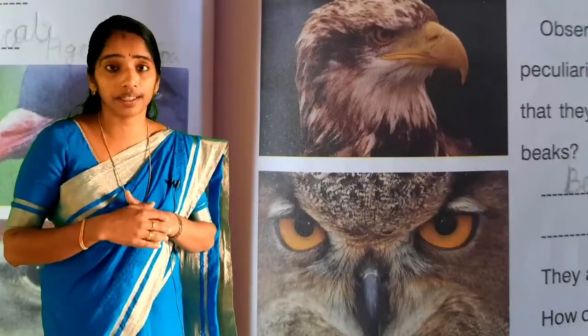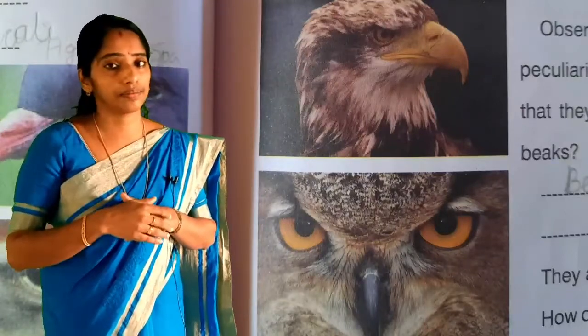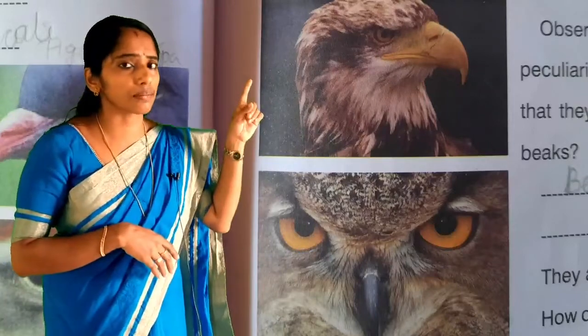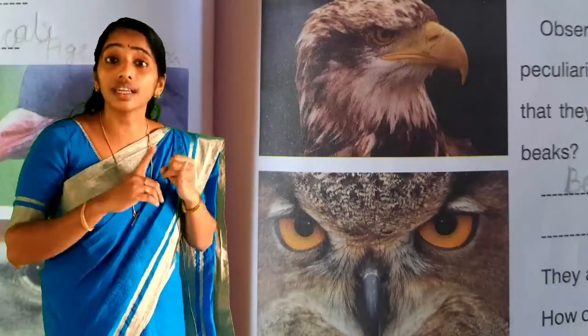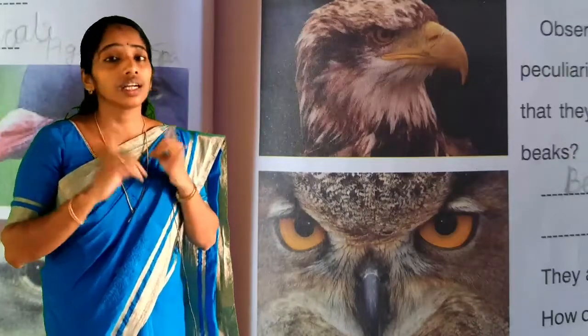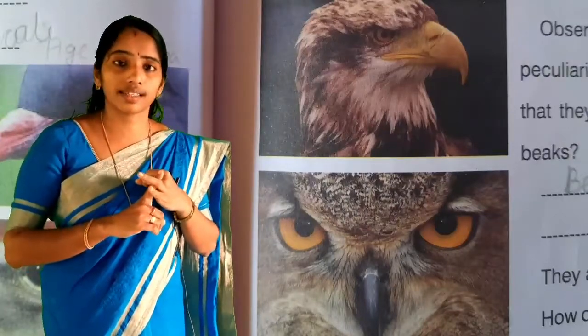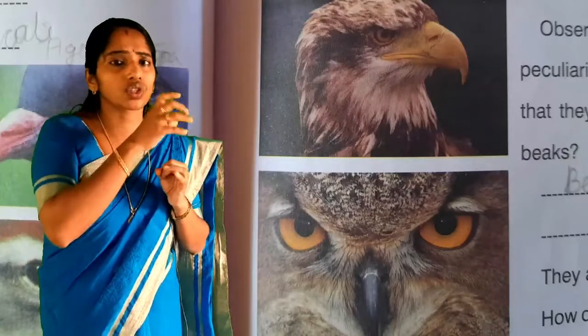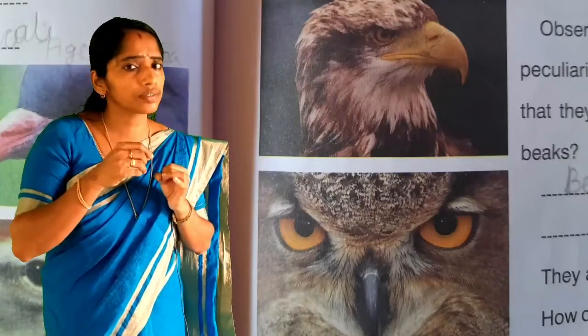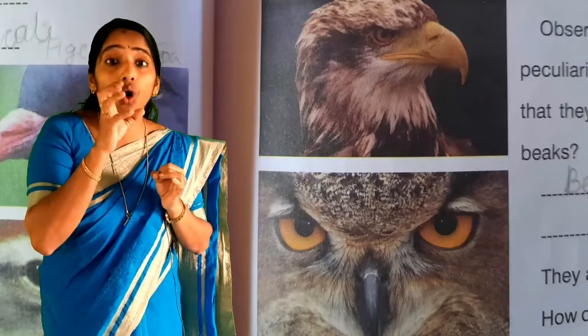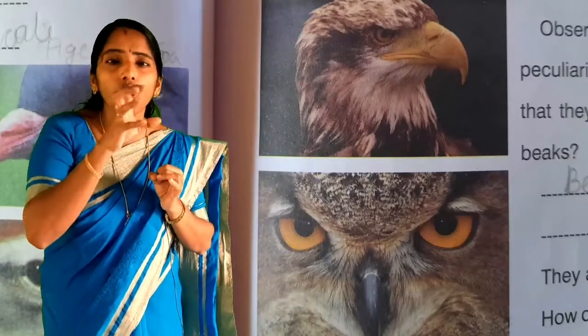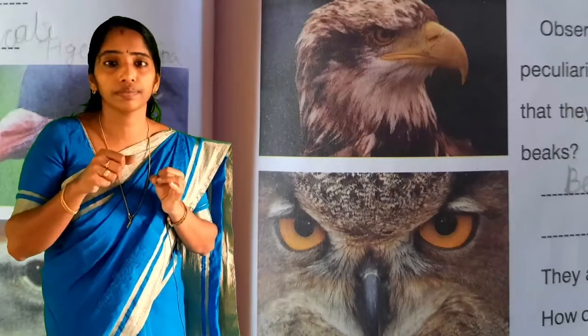Tearing beak. See, here you can see some birds. Which are they? Yes children, that is eagle, vulture, and all like that. Look at the beak of these birds. These birds' beaks are strong and sharp.